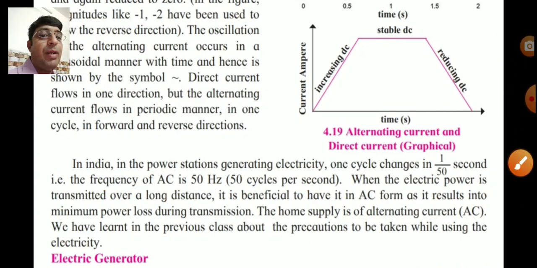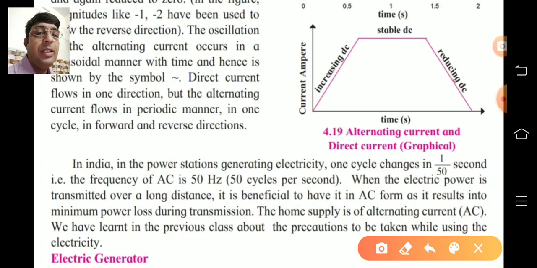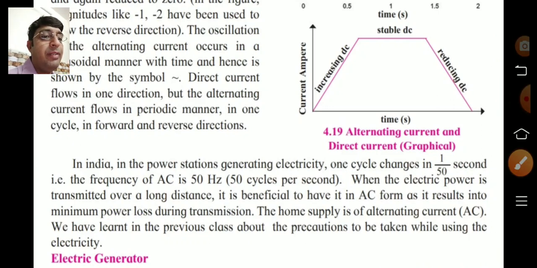Hertz is a unit of frequency. When electric power is transmitted over a long distance, it is beneficial to have it in AC form, as it results in minimum power loss. What is the benefit? It covers a maximum distance, but power loss is very minimum during the transmission. That is one benefit.